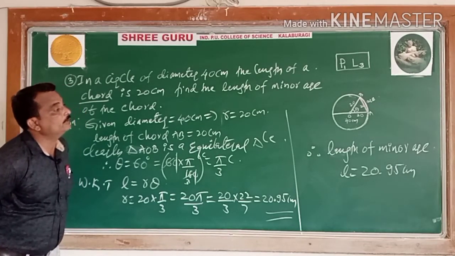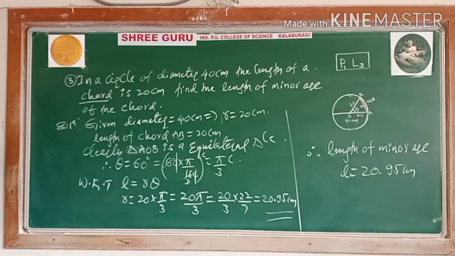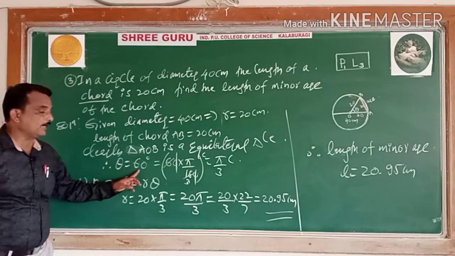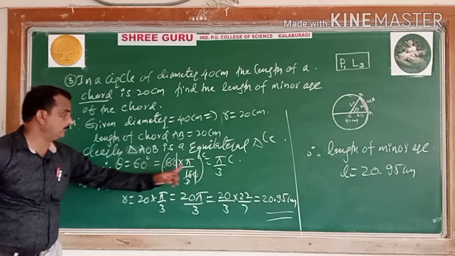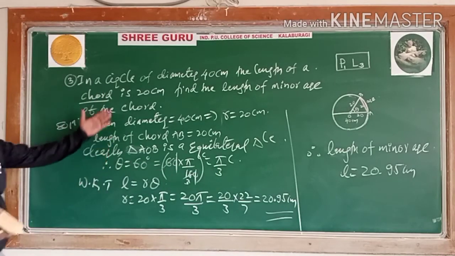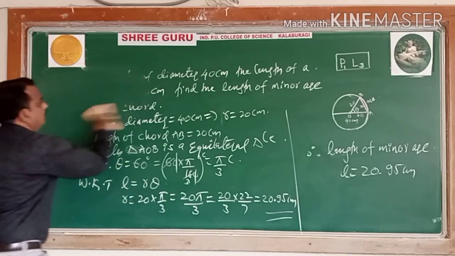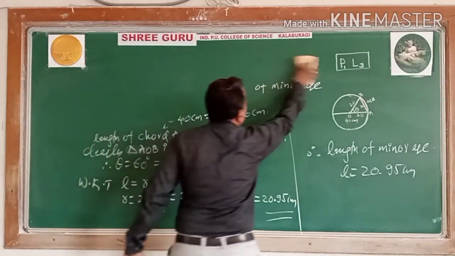Because 20 and 20 means the radii are equal, it becomes an equilateral triangle, and each angle of an equilateral triangle is 60 degree, which is pi by 3. Using that theta and radius, you calculate the length of an arc. Simple it is. After getting that angle, the problem becomes very simple.